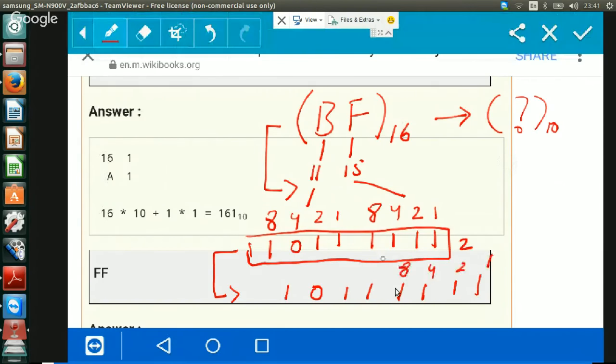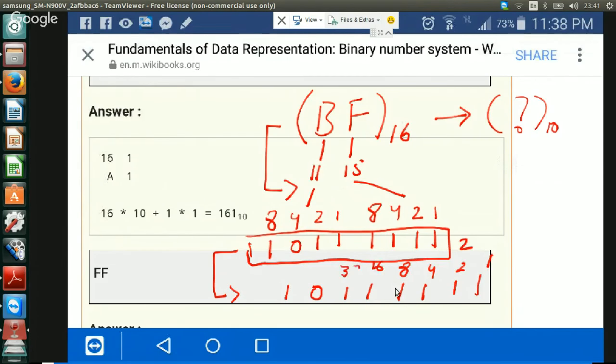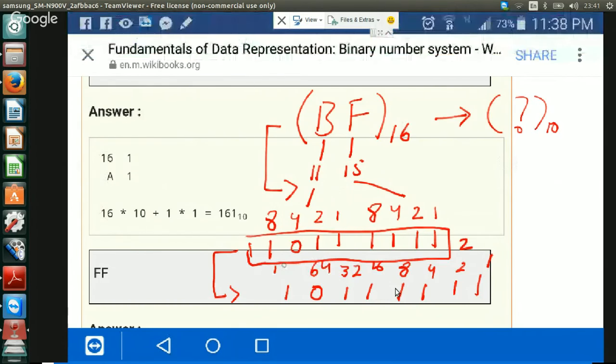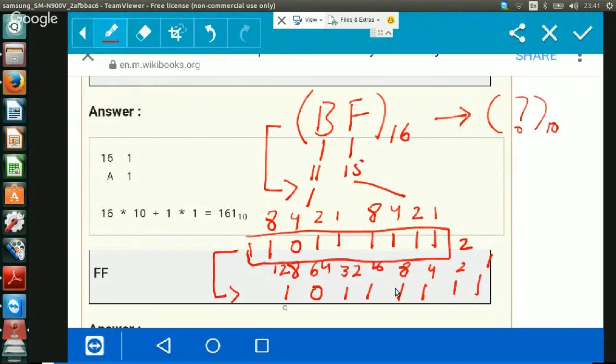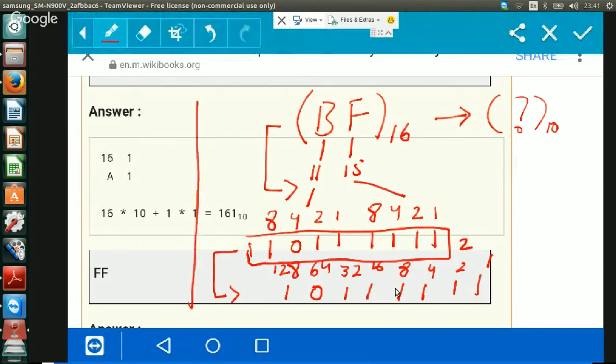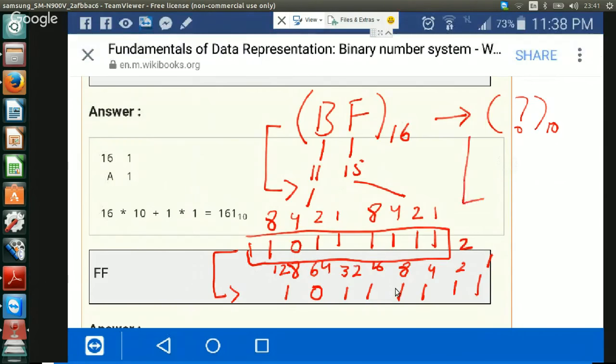We are not going to repeat 1, 2, 4, 8 because we're converting from binary to decimal. So it will become 16, it will become 32, it will become 64, and it will become 128. My bad, we have less space, and we are also not using the whiteboard. So let's do it here.